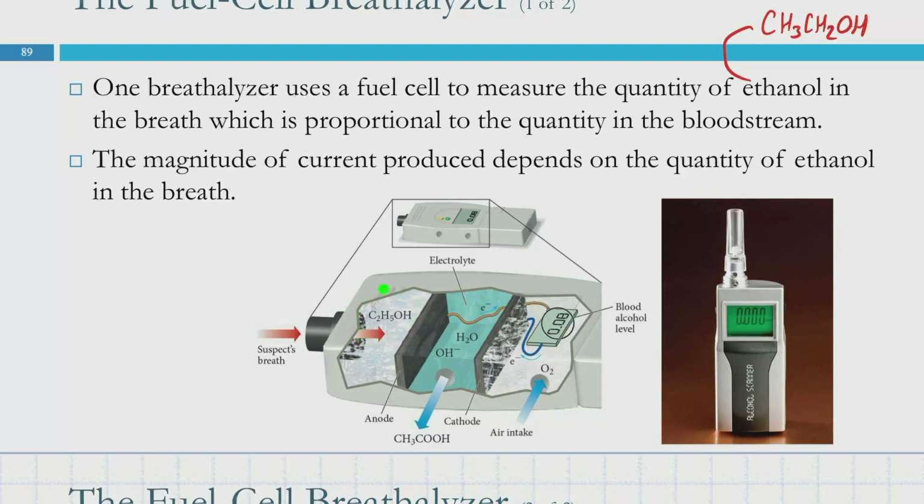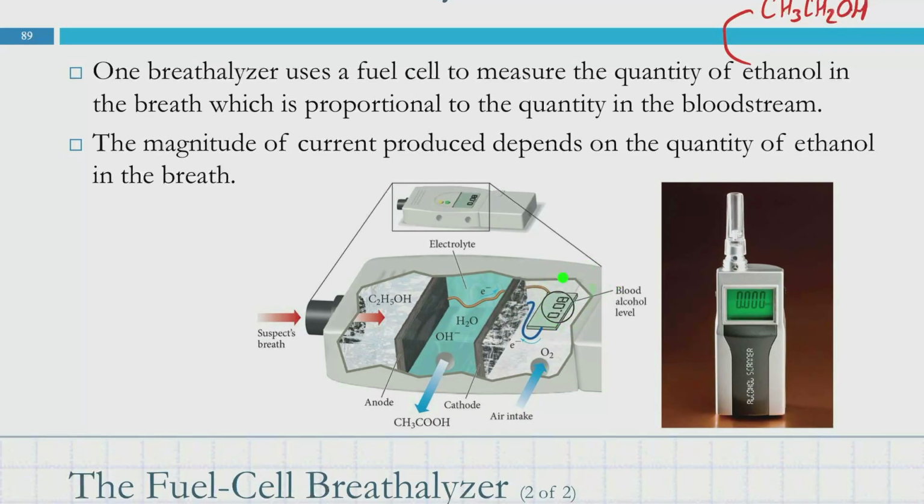So you pipe in your breath, presumably with some alcohol in it, and it undergoes a reaction and produces a little bit of a charge. And if you calibrate it well, then the amount that comes in corresponds to a certain amount of charge, and then you can correlate that to a blood alcohol level.